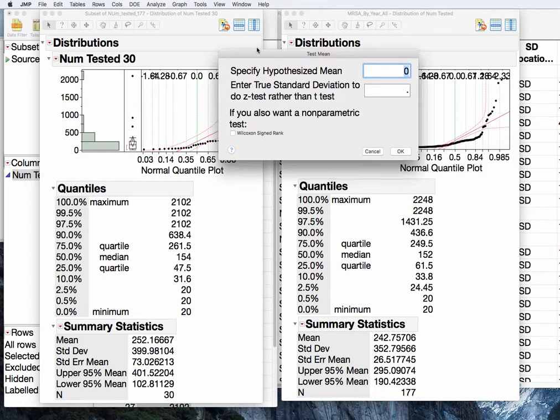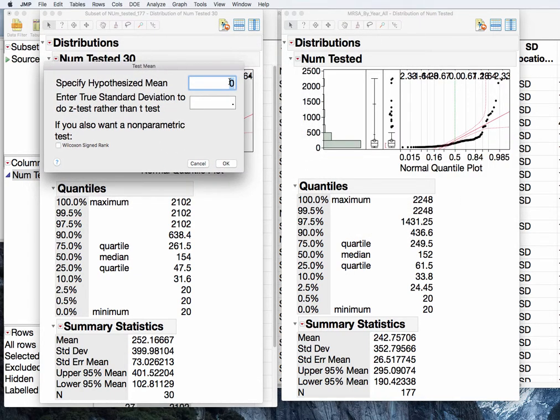It brings up the Test Mean box again. We're going to specify our hypothesized mean here of 242.75706. That is our hypothesized mean from our full distribution of 177.